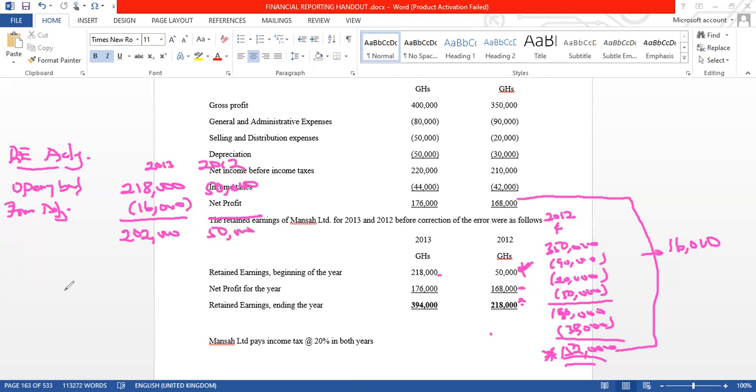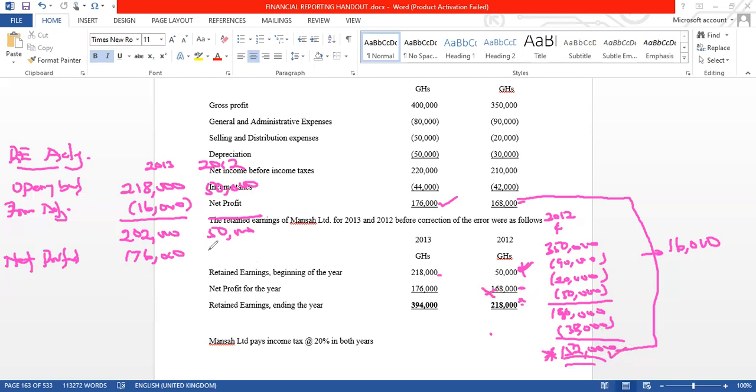All right, we now need to go through and present our net profit for these years. So the net profit for 2013 is actually what we have here, 176,000. And the net profit for 2012 is what we actually have, not this one.